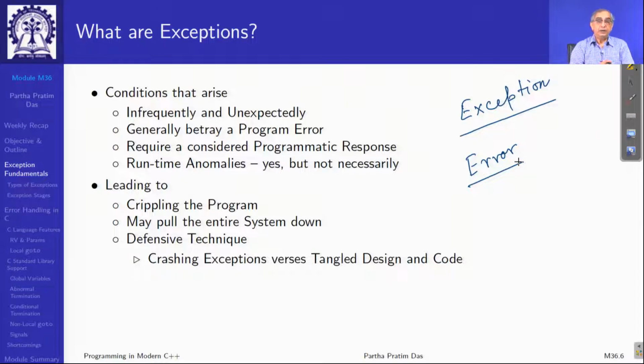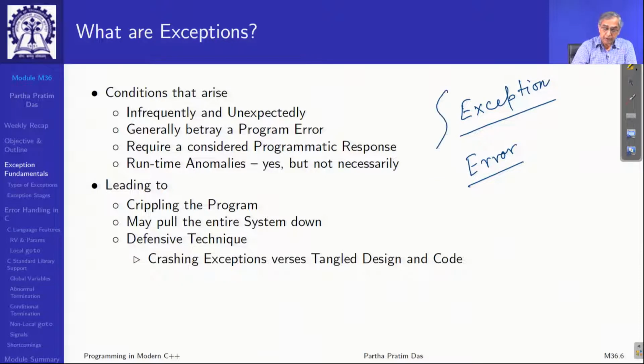Whereas, an exception is often something which happens due to external factors, or factors in your program, but normally exceptions should be infrequent and unexpected, and many times they are crippling, they could put the entire system into difficulty and so on.